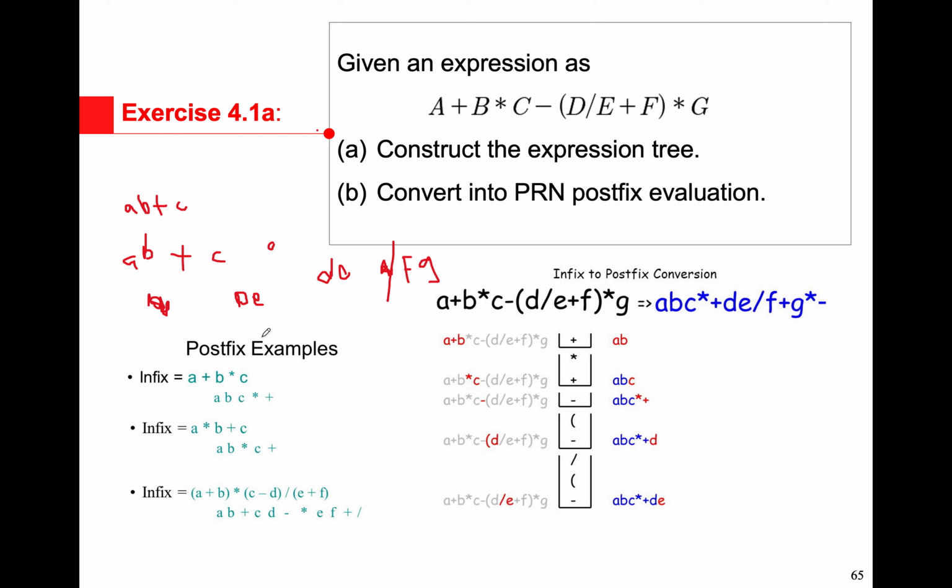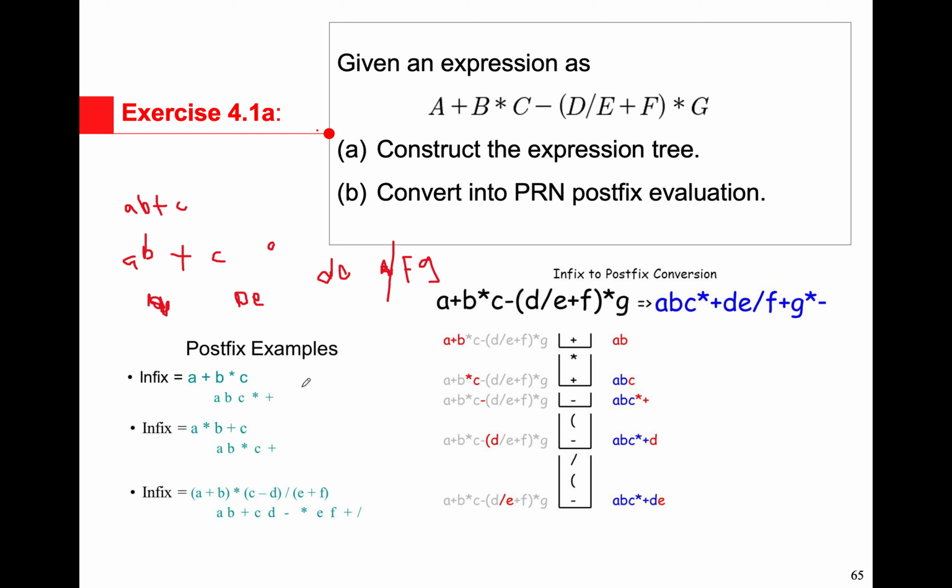If you have A multiple with B plus C, what is different between this one and this one, for up and down? So in your mathematical, you going to have different tree.